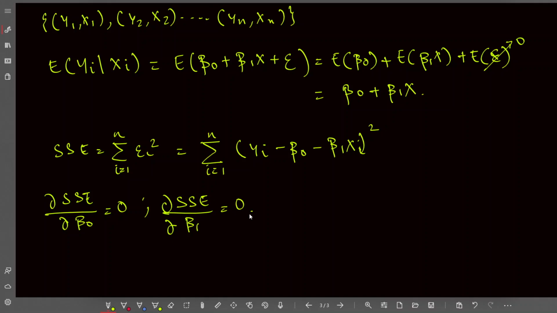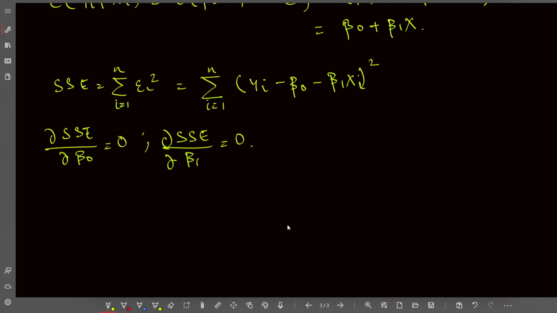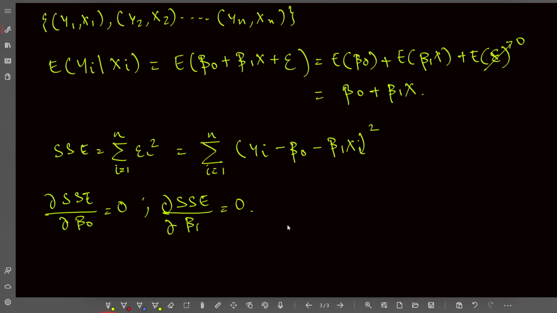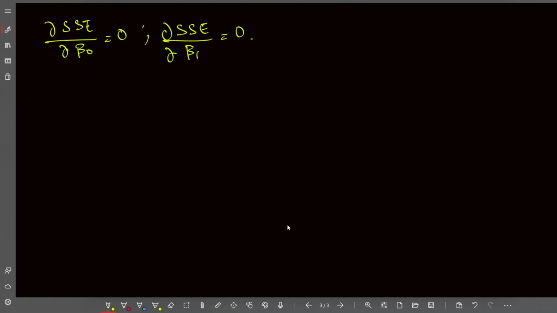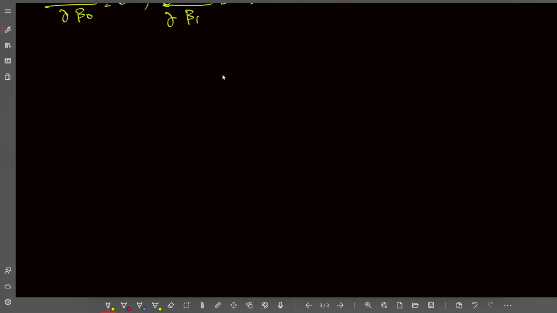This will give me the best fit values of my parameters beta naught and beta 1 such that the line fits the dataset perfectly. So let's start with the derivation.